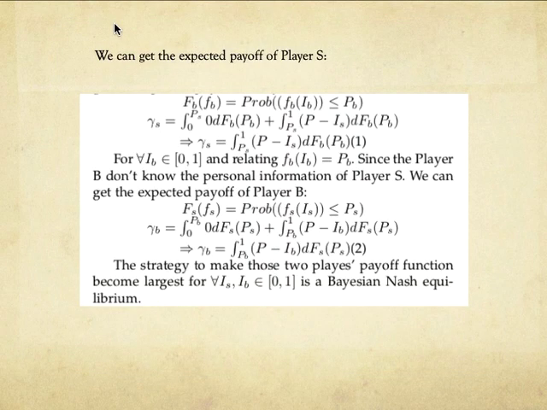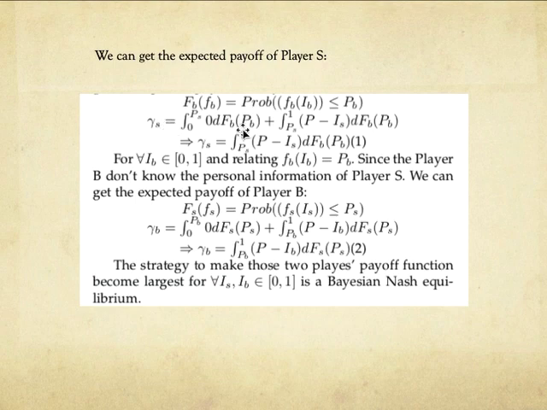So we can calculate the expected payoff of the players. We set a probability, which is the probability that PB(IB) is larger than or equal to PS, in which situation the deal can be made.